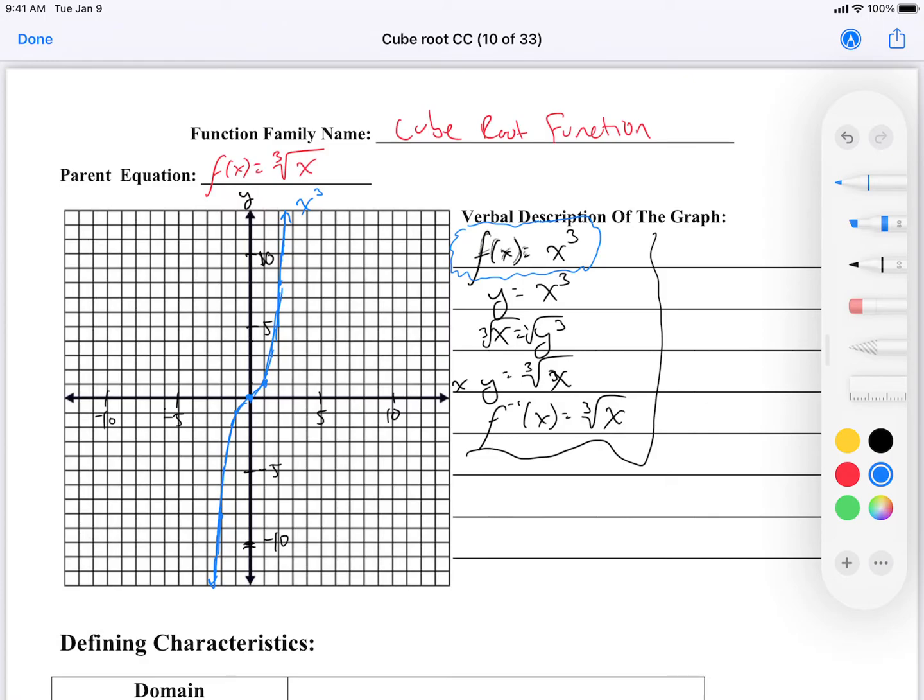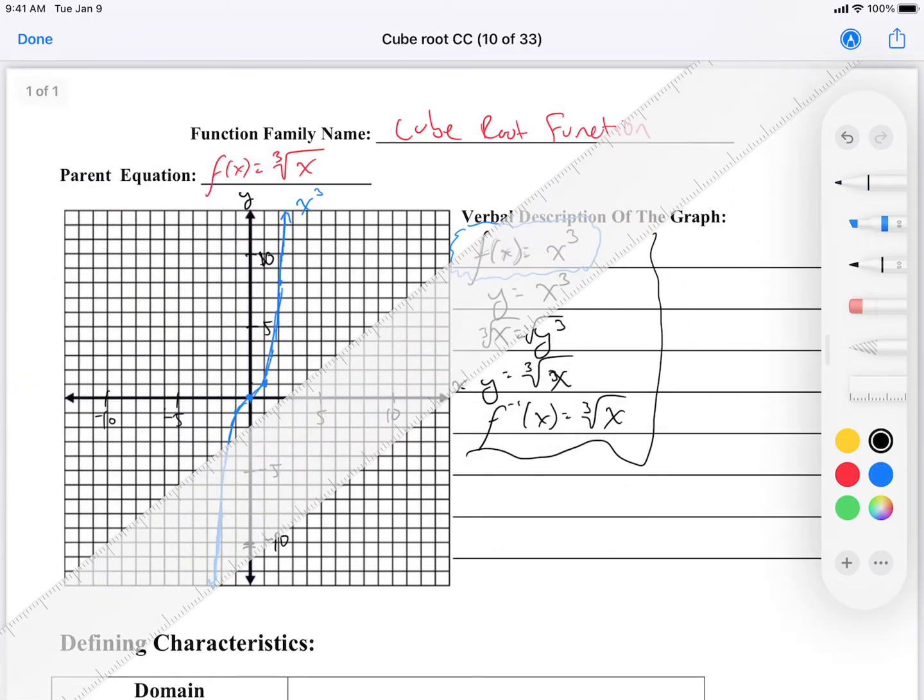Now, what we talked about the other day when we were talking about how to graph inverses, since we just showed over here on the right that the cube root function is actually the inverse of the cube function, I'm going to use that idea. A function and its inverse are the exact same thing, just reflected across the line y equals x.